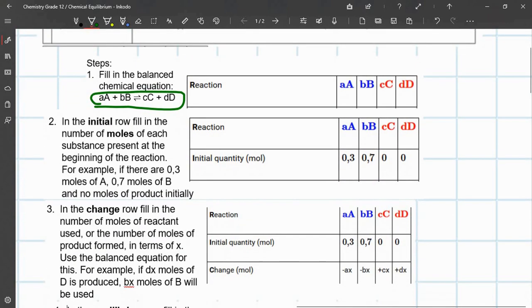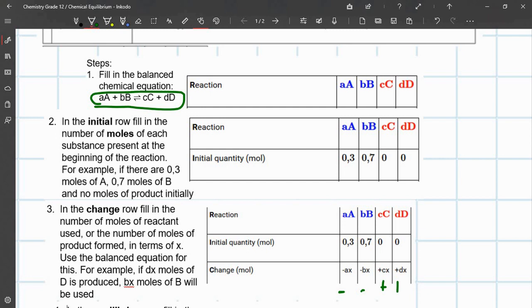Number 3 is the change in moles. In the change row, you have to fill in the number of moles of reactant used or the number of moles of product formed in terms of x. We use the balanced equation for this. If dx moles of D is produced, bx moles of B will be used. I also want to note an important part here. Look at the values: these values are negative and these values are positive.